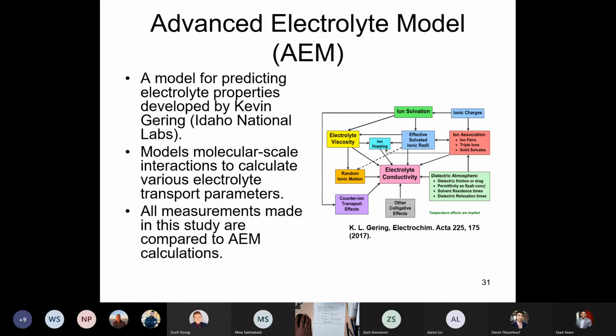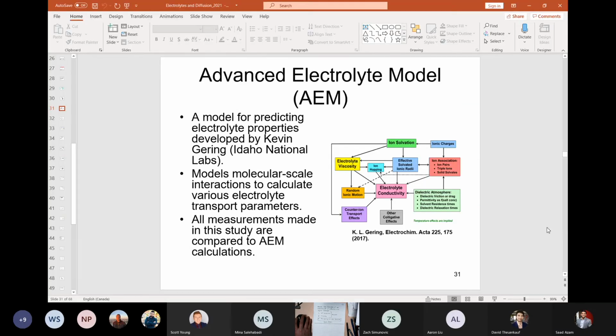And I'm thinking of giving you a homework problem using it, just so that you're aware of its capabilities, because as you go forward in your careers, you may find it important to be able to calculate electrolyte transport properties. So I'm going to change over to the advanced electrolyte model now.